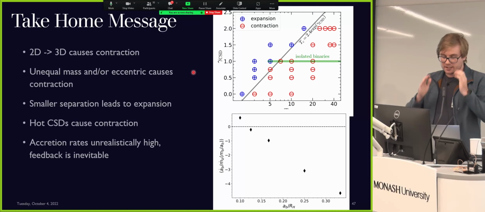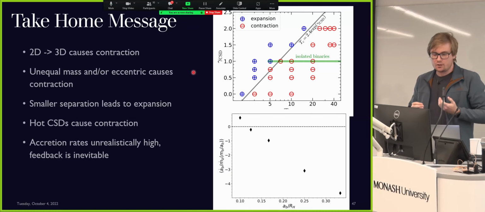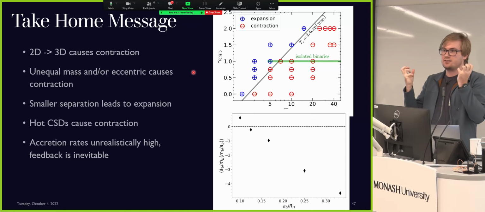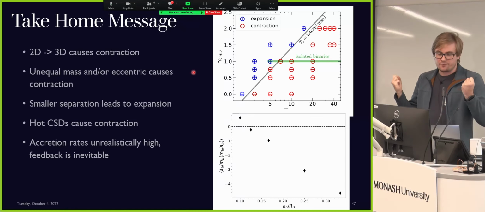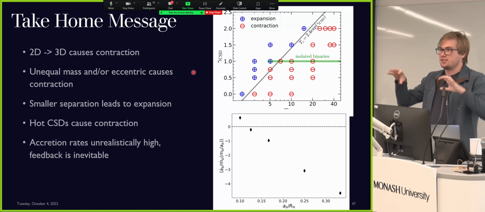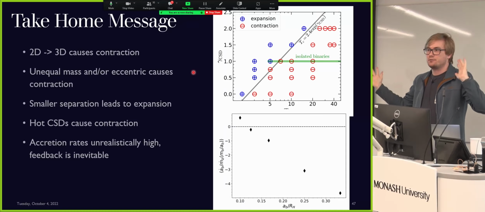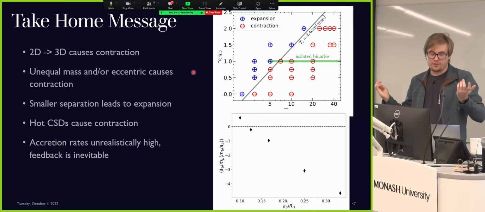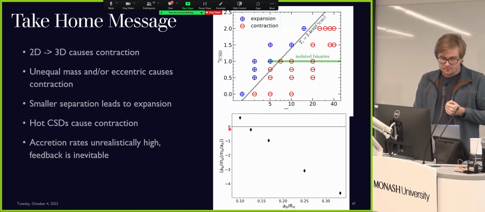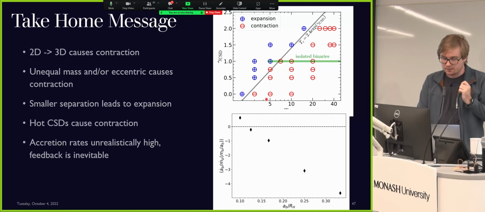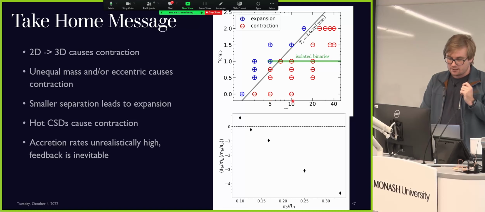We've also done simulations where we say that each black hole is heating the disk material around it, and found that as long as the CSD of the black holes is about 3 times warmer than the material around them, then they'll merge. So the top panel here is just temperature. This is just a parametric way of setting the temperature in the disk.